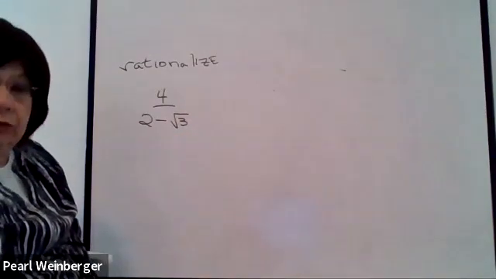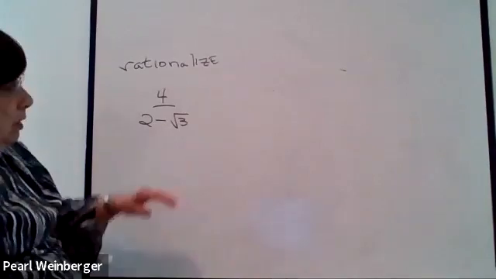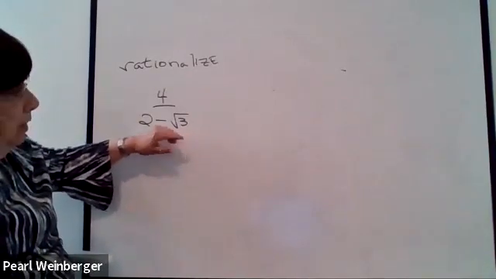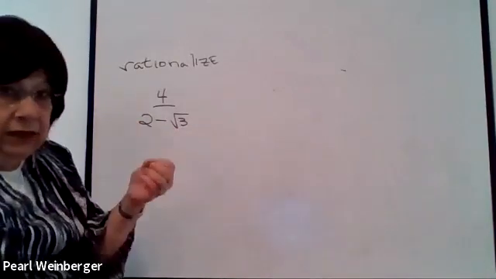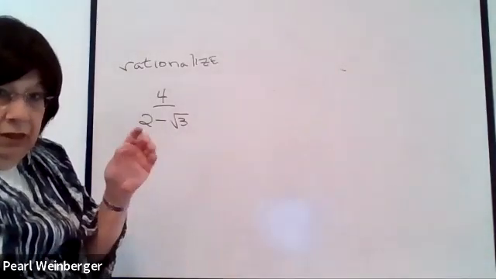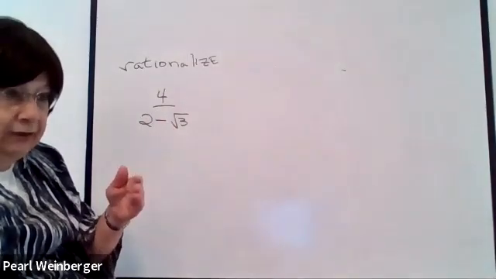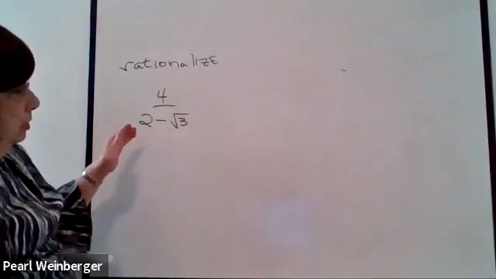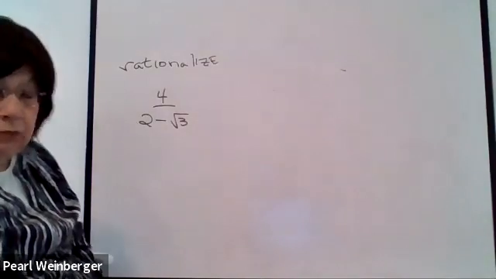And now I'm going to make use of something that we just talked about before. I know that when I multiply a binomial by its conjugate binomial, I end up with just having to multiply the first and the last. And on top of that, I always end up with a single rational number.